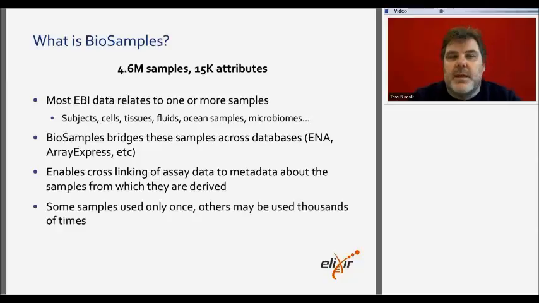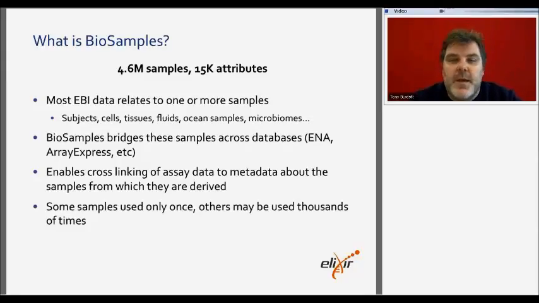So you'll see things like subjects, cells, tissues, ocean samples, microbiomes. Biosamples gives you this connective bridge between the data that are generated over those samples in experiments and the sample metadata themselves. So really, it's designed to give you an assay-independent space to work on sample information. So it's a component that enables cross-linking of assay data to the metadata about the samples from which they're derived.